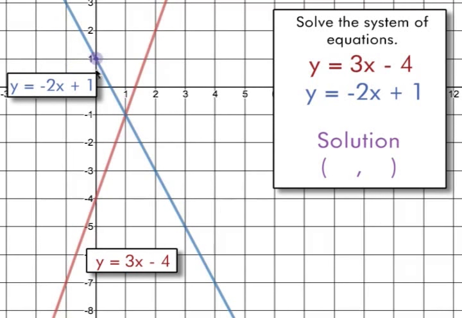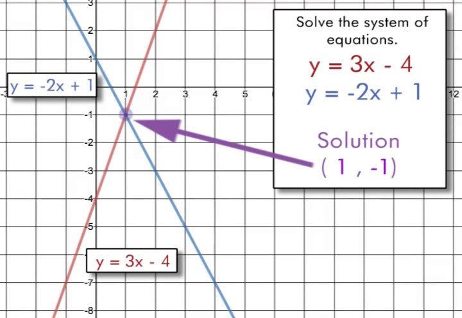For example, the point (0, 1) is a solution to y equals negative 2x plus 1 because it is on that line. Likewise, the point (2, 2) is a solution to y equals 3x minus 4 because it is on that line. So what I am looking for is the point that lies on both lines.